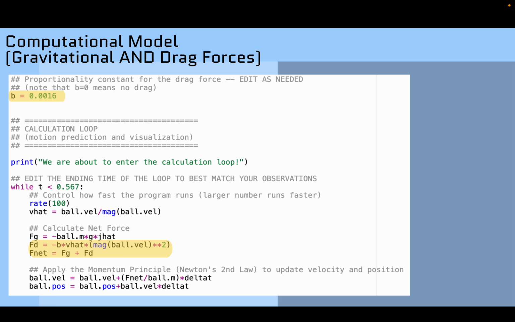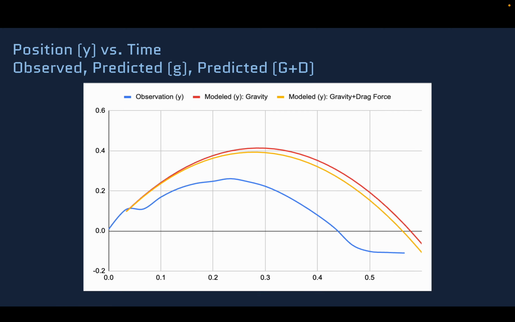In the second computational model, which includes gravitational force and drag force, I calculated the experimental b to be 0.0016, and I added the drag force with this equation, where F net is gravitational force plus drag force. If I look at this graph, even though both models overestimate the observation, the drag force included model has increased precision.